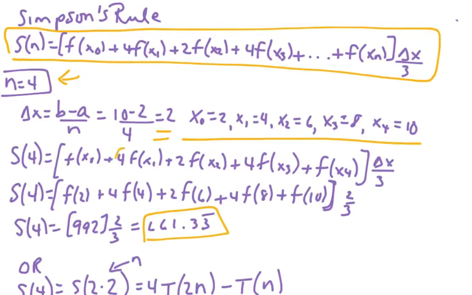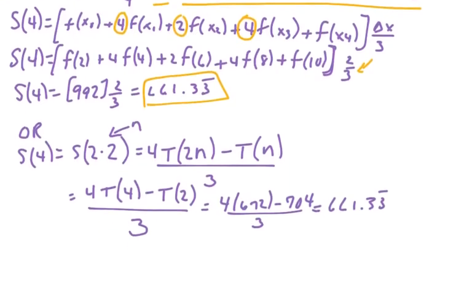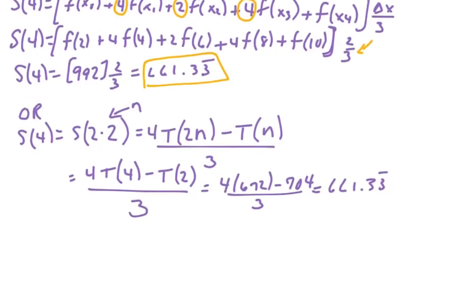So again, you have the alternating 4, 2, 4 going on till you exhaust the number of subintervals, and then you multiply that quantity by delta x over 3, which is simply 2/3. And when you do that numeric work, you get 661.33 with 3 repeating. So you get right there with n equals 4 using Simpson's rule.